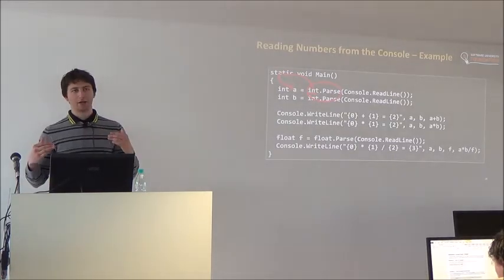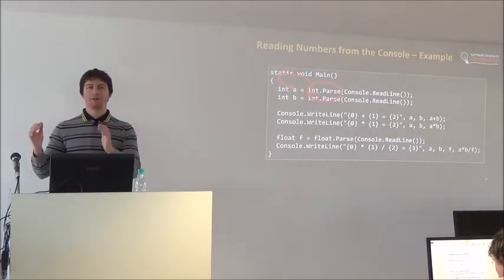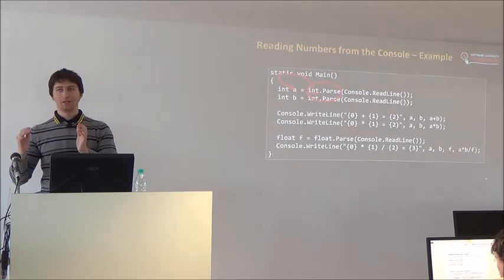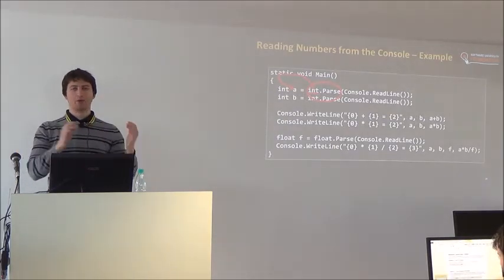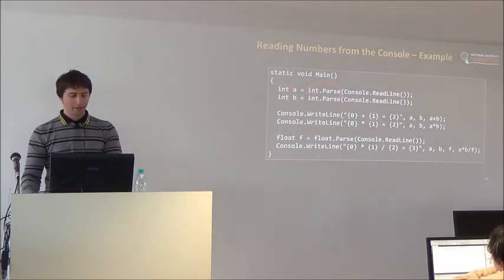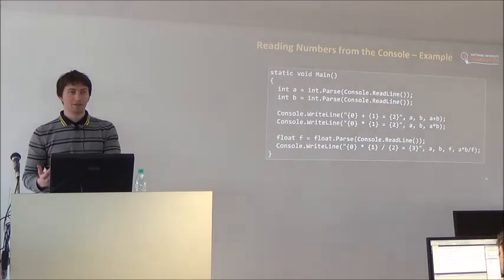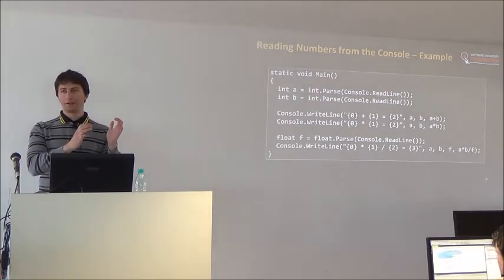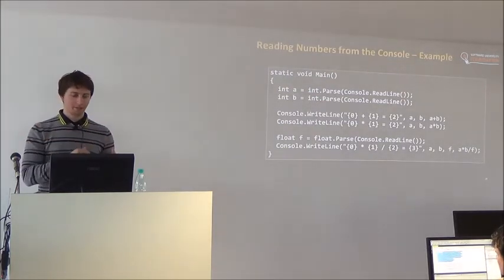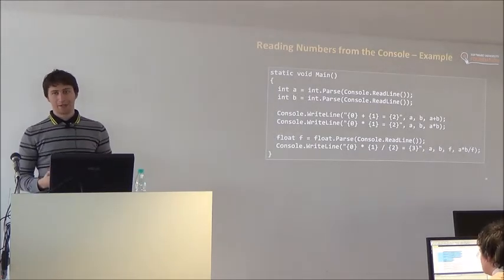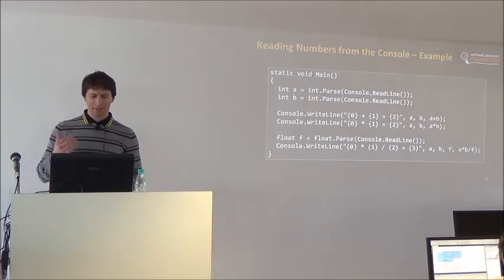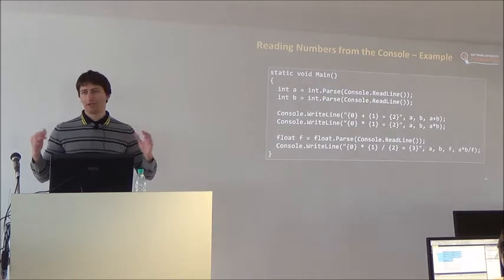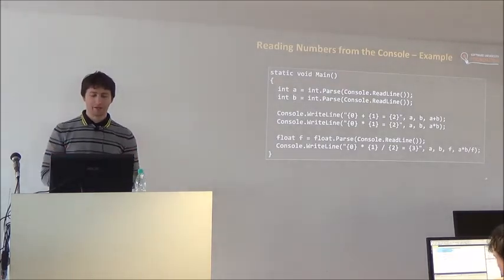So this is chaining. You pass another method. So you get the console read line, which reads a string, and then you parse it to an integer. You can do that in two lines, as I showed you. You can first get the string from the input, and then parse it as an integer. But in this case, it's easier. Sometimes it might get harder to read, depending on how many different methods you chain.